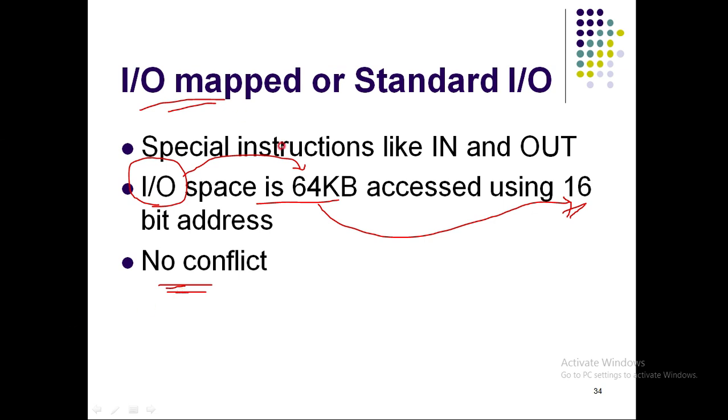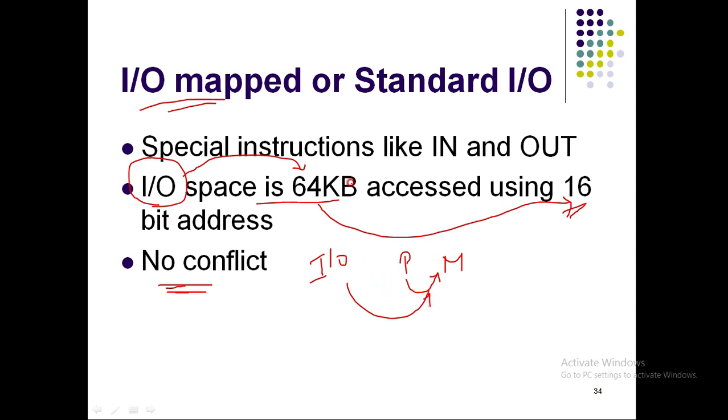For example, I have an IO device, a processor, and a memory. The processor will be accessing the memory, and even the IO device will be accessing the memory.